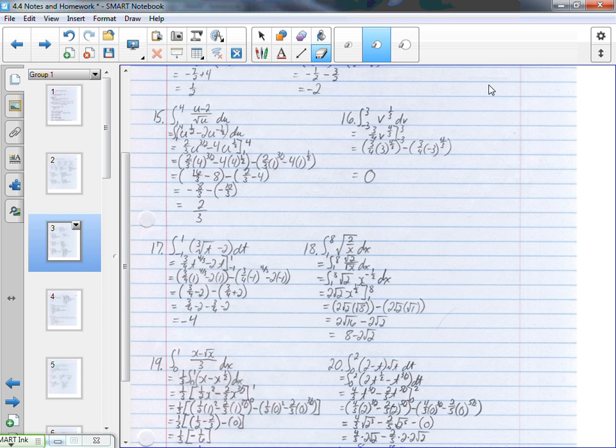And then for the next term, add 1 to the exponent, now it's a 1/2, divide by 1/2, which is the same thing as multiplying by 2, so I get a negative 4 for that coefficient, evaluated from 1 to 4. So that's the capital F of x evaluated from A to B stage.